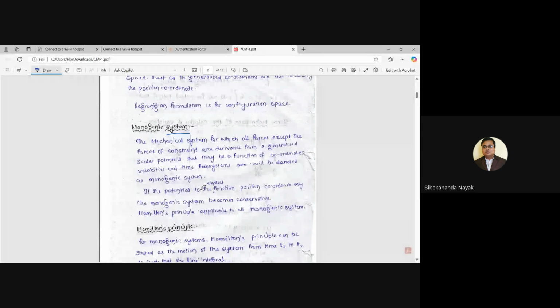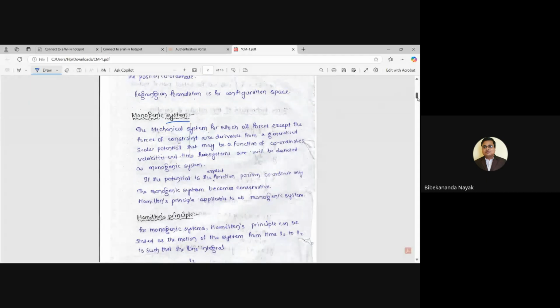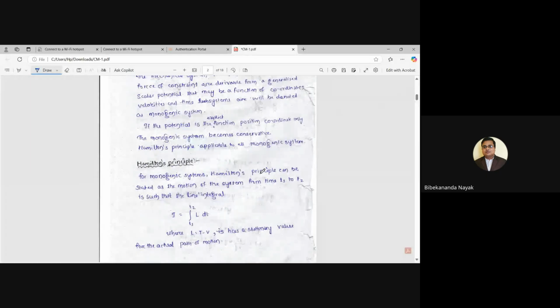According to Hamilton's principle, for any monogenic system, the motion of the system from time t1 to t2 is such that the line integral I, also known as the action, the integration of L dt from time t1 to t2, has a stationary value for the actual path of motion.